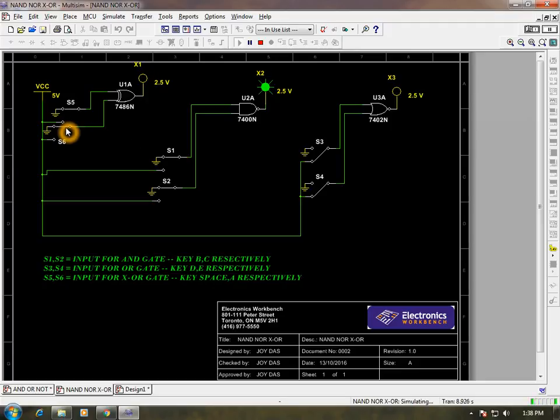That means whenever the control input is low, the circuit performs simply as a buffer. Now let the control input be connected to high. Now as you can see, S5 is low, the output is high, and if S5 connects to VCC, the output becomes low. That means it operates as an inverter. By simply controlling the control input, whenever the control input is connected to VCC, the circuit performs as an inverter.